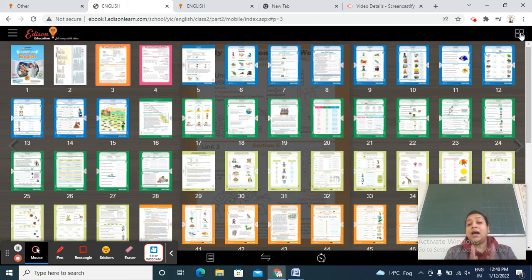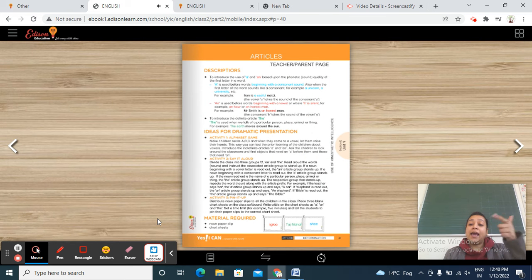So what are articles and why do we use articles? We have three articles: a, an, and the. We put these articles according to the phonetic sounds, according to singular and plural, according to specification, according to the rules of articles.